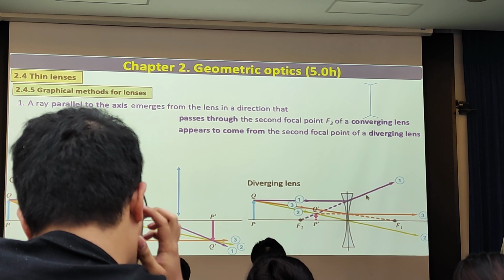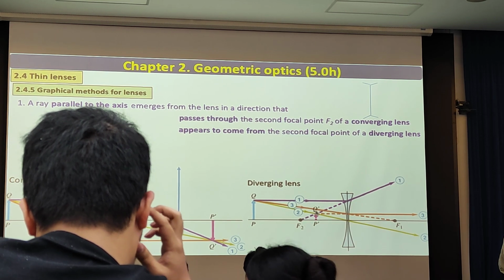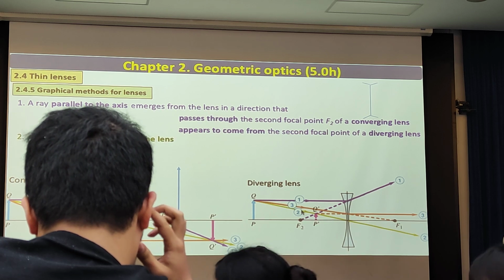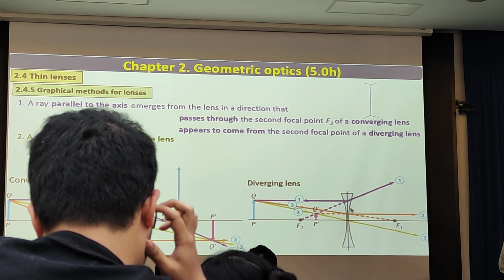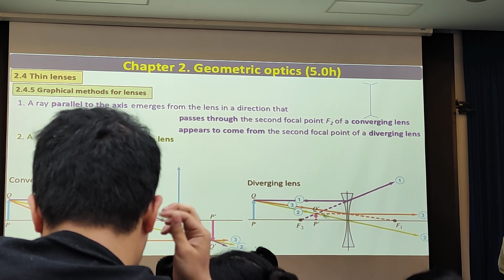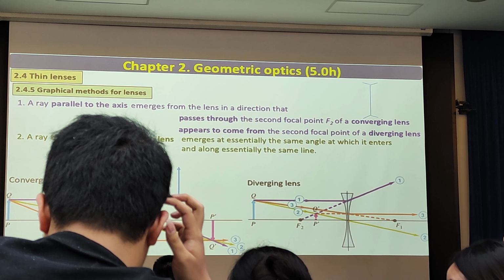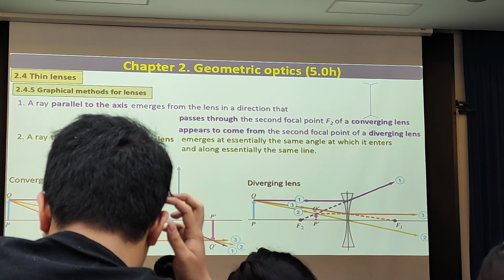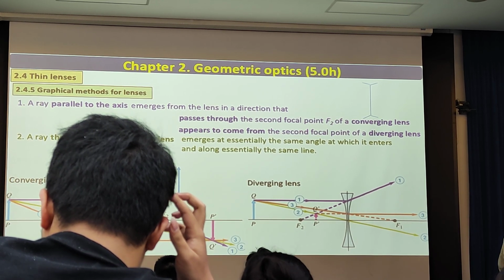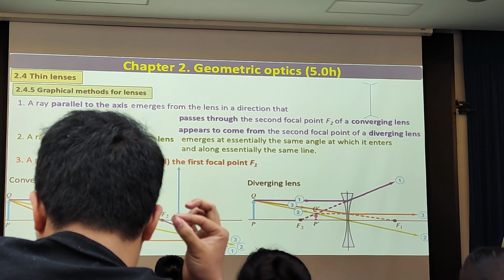Appears to come, because it's not really so. That's why I use a dashed line. Please remember to use a dashed line. A ray through the center of the lens emerges at essentially the same angle at which it enters and along essentially the same line. So just go straight.